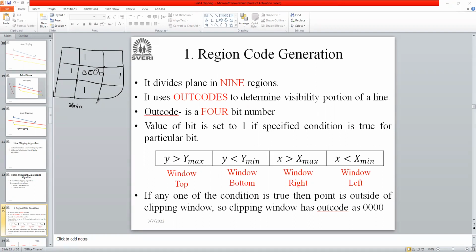Here I am having X max value. Here I am having Y min value. And here I will have Y max value. Okay. Just wait for a second.